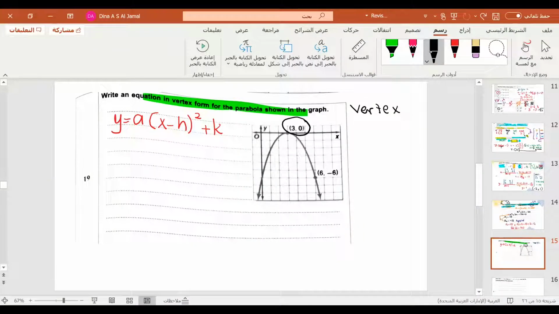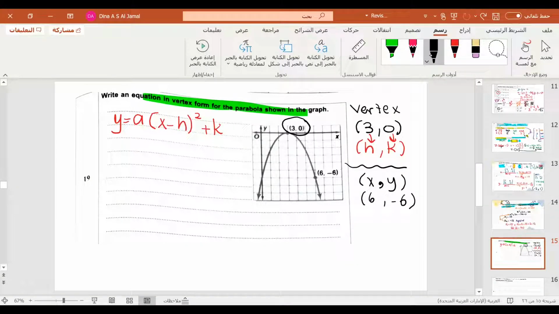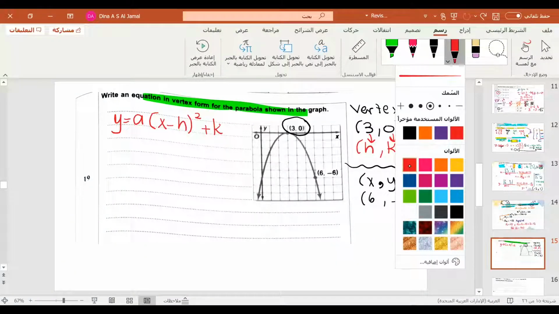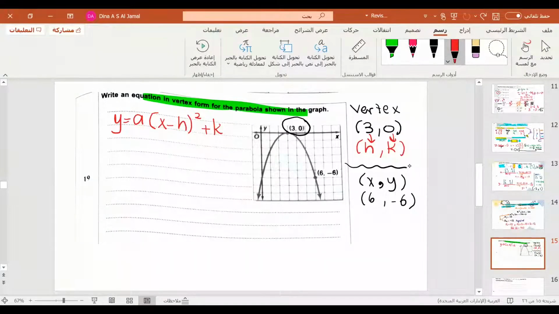And whenever you are having a vertex (3, 0), this will be your h and the other will be your k. And whenever he's giving you a point, this will be your x and y, (6, -6). So now let's substitute to find the a. I will substitute directly with all the numbers one time.